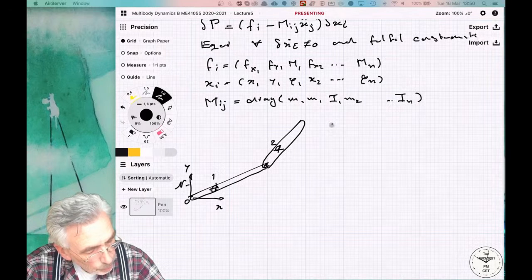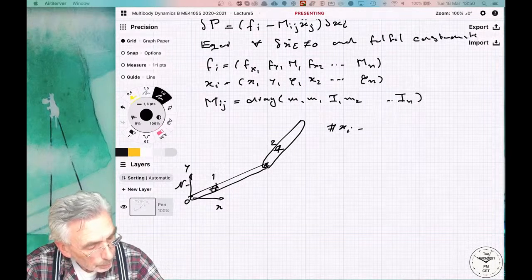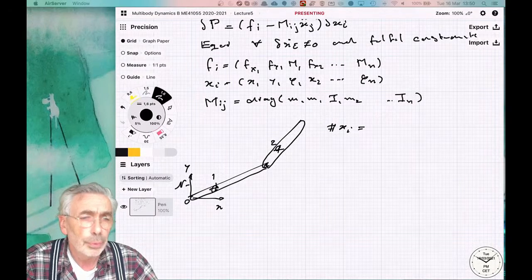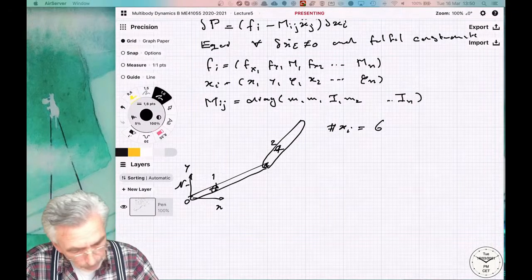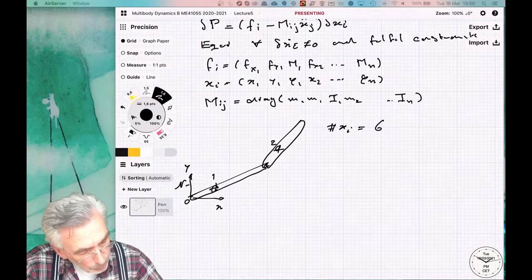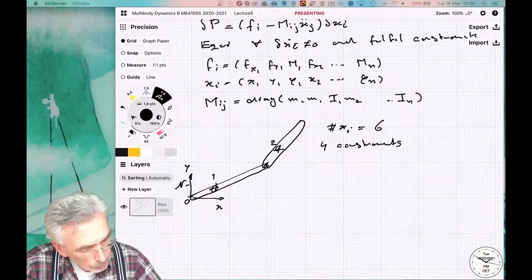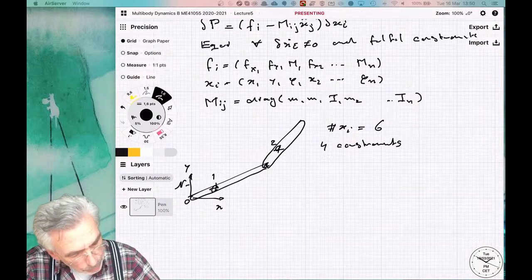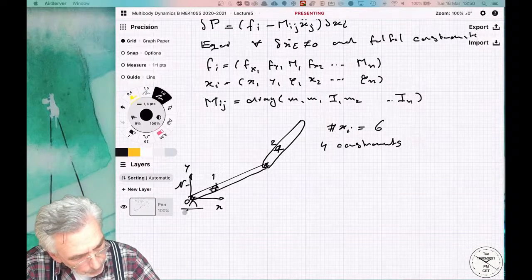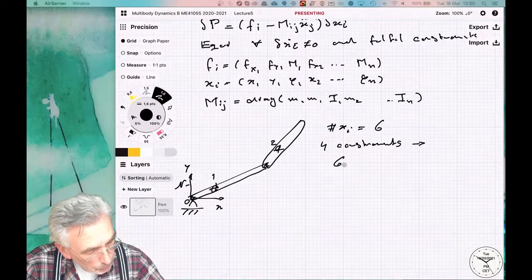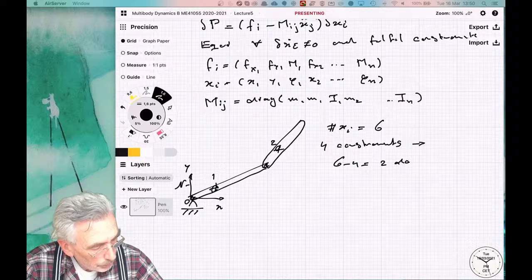The number of coordinates we have here is 6, because we have two bodies, and 2 times 3 is 6. We have 4 constraints. Why do we have 4 constraints? Because we have 2 constraints here and 2 constraints here. So the conclusion is 6 minus 4, we have 2 degrees of freedom.